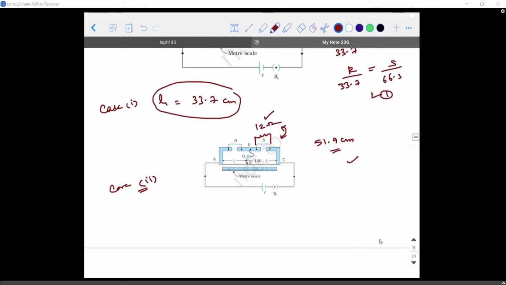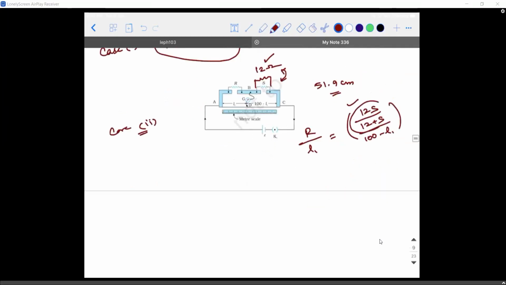Similarly, here what will happen? R divided by L1 will be equal to, can you guys tell me the right expression? It is 12s divided by 12 plus s, that is R1 R2 divided by R1 plus R2, divided by 100 minus L1. Why did I write 12s divided by 12 plus s?